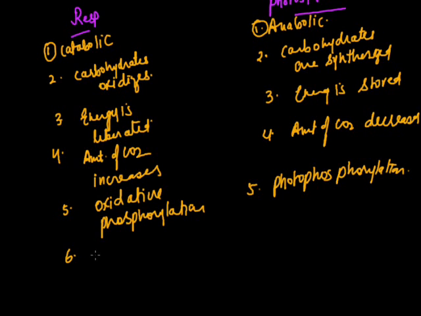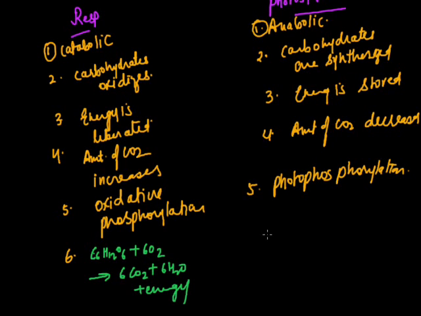Okay, now the reaction for this looks like this: C6H12O6, which is carbohydrate, plus oxygen. Since it is getting oxidized, it will give 6 molecules of carbon dioxide, 6 molecules of water, and energy is released.